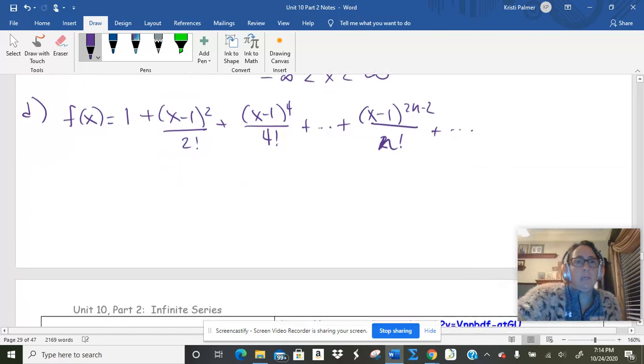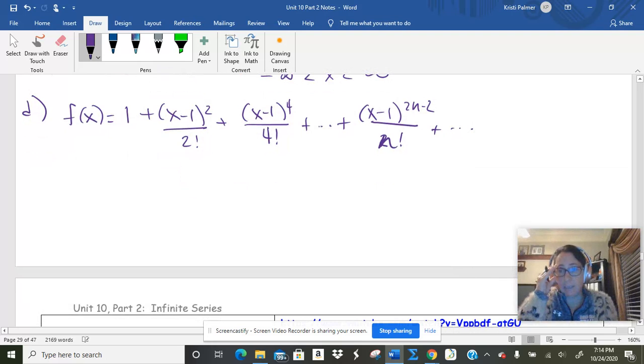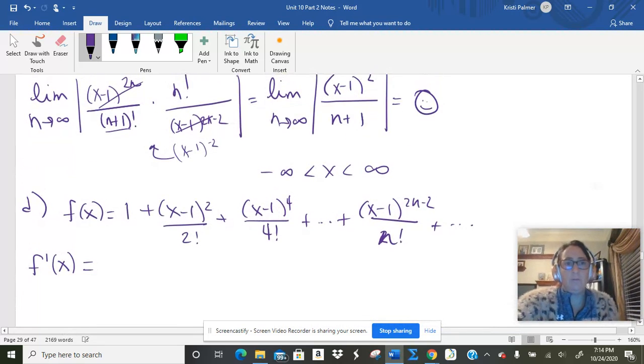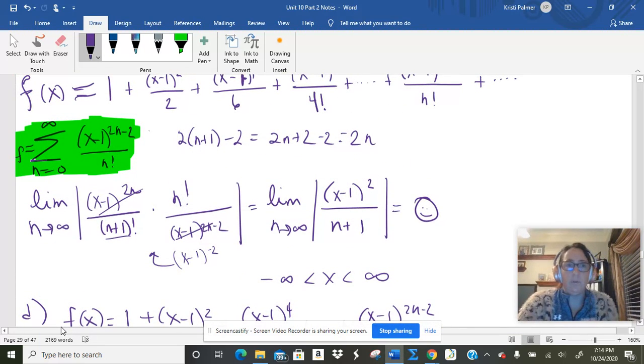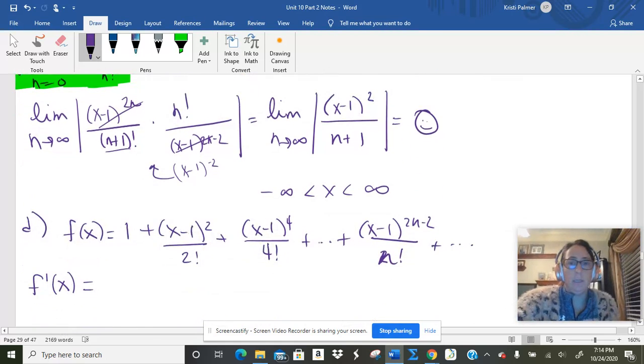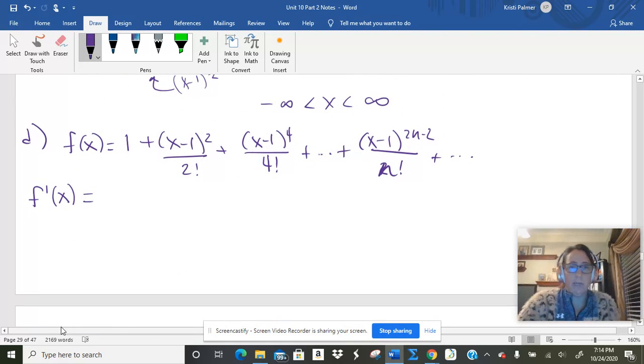So if I want to know any points of inflection, then I need to know if that second derivative can be 0. So let's go ahead and find the first derivative. And you can either do it term by term, or you could do it for that general F that we have going on. That's completely up to you. I'm going to just do it term by term. So that goes to 0. This 2 comes down and cancels, and I'm left with x minus 1 to the first.